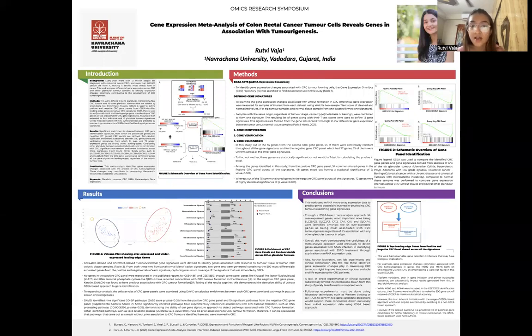So out of the 55 genes that are present in the positive colorectal cancer gene panel, 54 of them were continuously shown, verified, and present in the gene signatures of other glandular tumors also, whereas out of the 77 genes that were present in the negative gene panel, 75 were constant throughout the other gene signatures that were identified, and they had p-values less than 0.01 and less than 0.05.